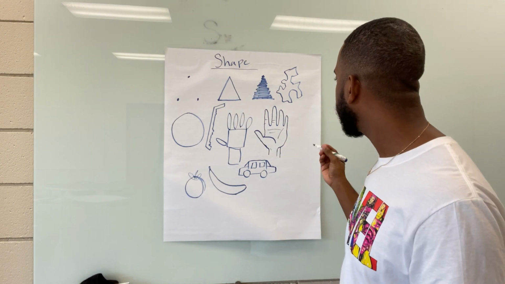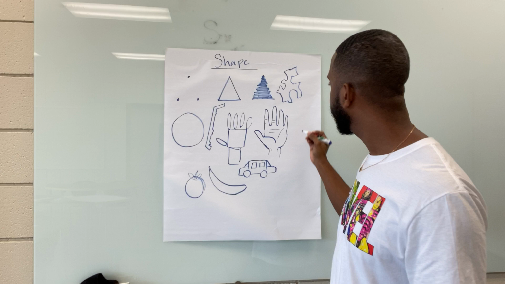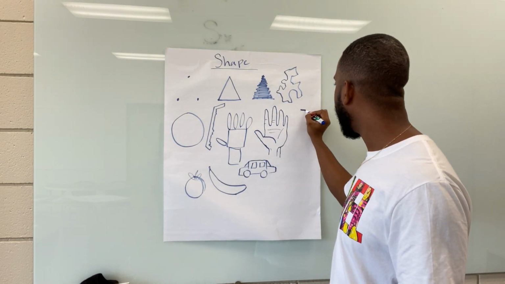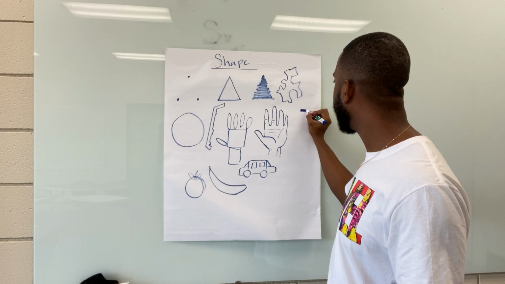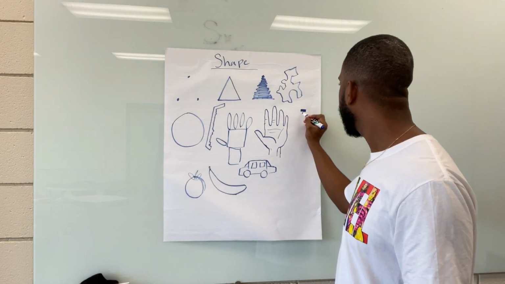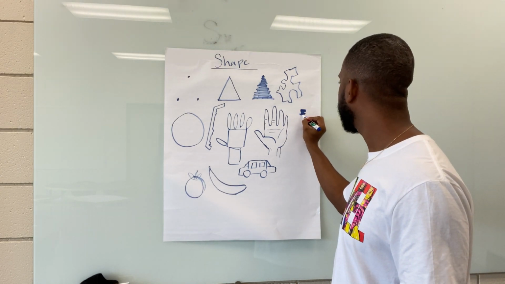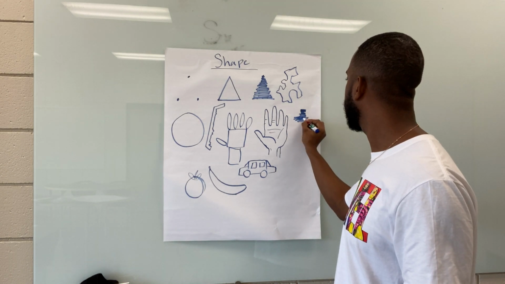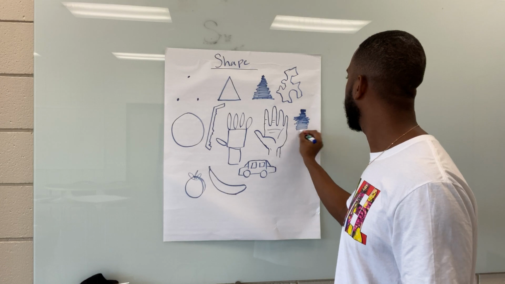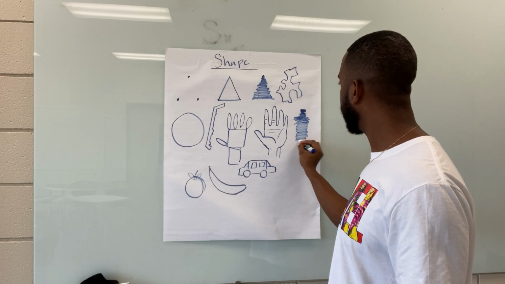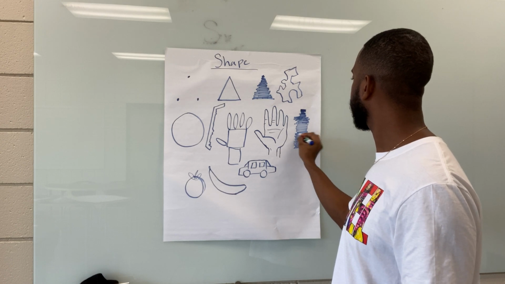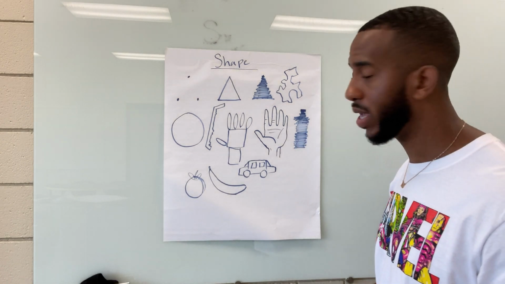So using shading first, if I was to draw a bottle, like a Coke bottle, I know it has a very, very short cap on the top, like that. I know it comes down and gets wide. And it's really long. All right, so see what I did there?